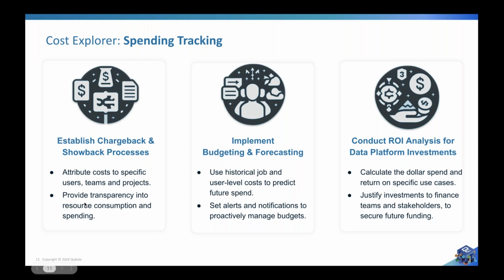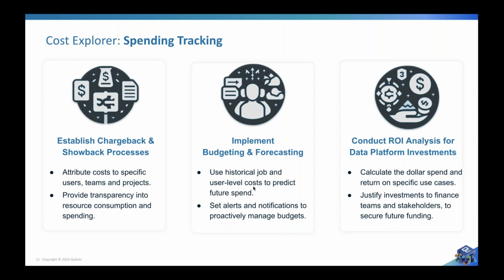What it does is provide transparency. As I said at the beginning, if you don't have this transparency, the projects which might not have a good ROI but use most of the resources will not be able to be pinpointed. So chargeback and showback help you make sure there is better transparency and attributable cost to specific users and projects.